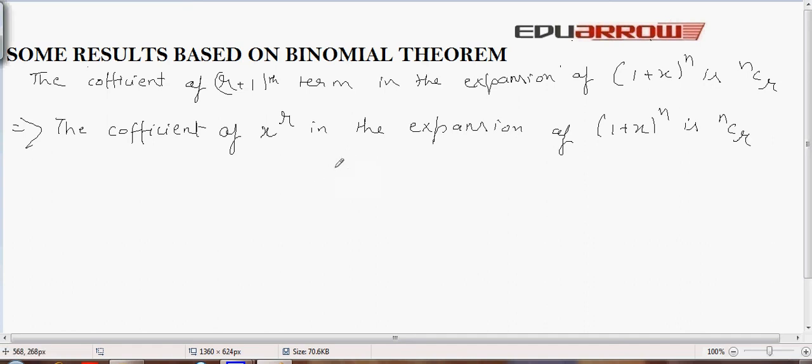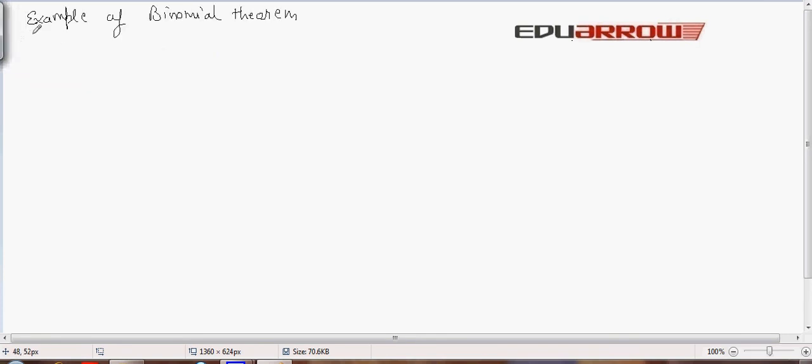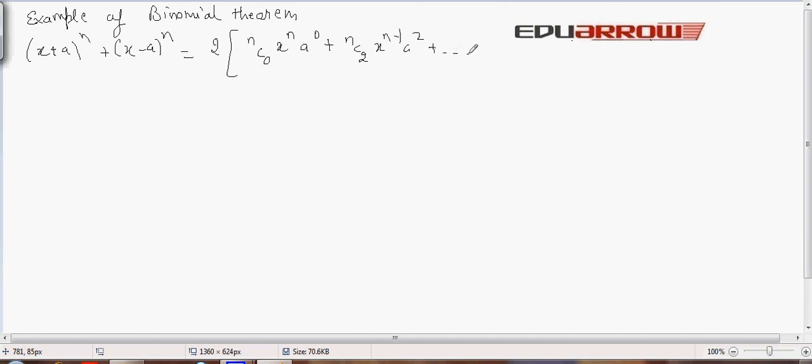Now let us see one example based on these results and the binomial theorem. Before discussing the example, two more results are left which are based on the binomial theorem. The two results are: (x + a)^n + (x − a)^n will be equal to twice of nC0 x^n a^0 + nC2 x^(n−2) a^2 + and so on, that consists of even powers of a.